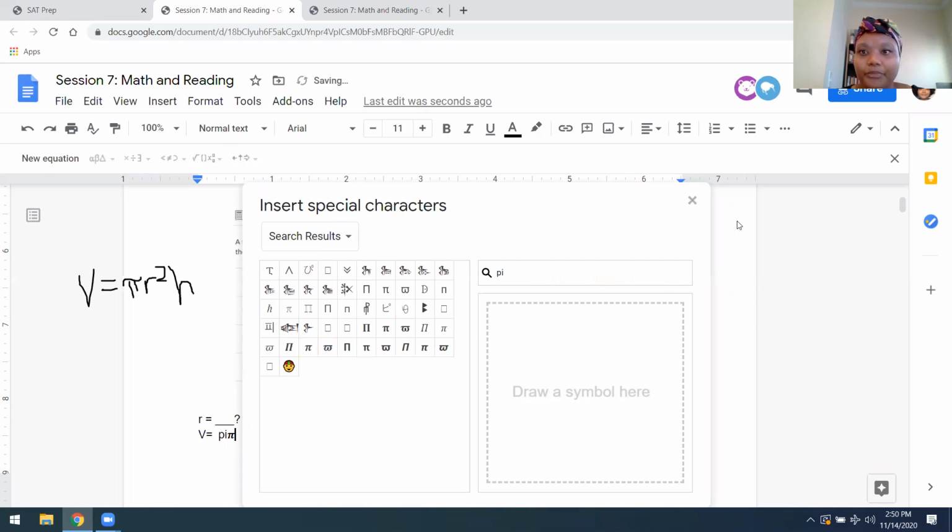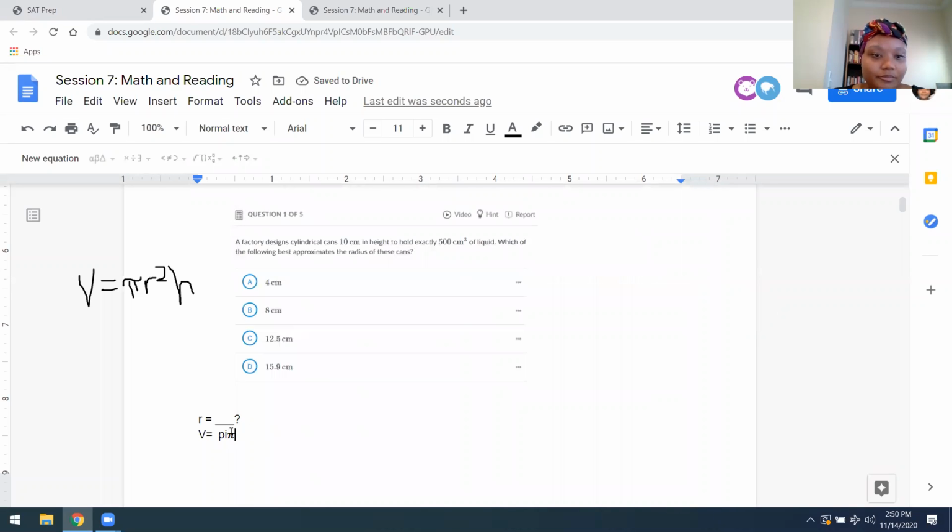Pi, there we go. V equals pi r squared h.